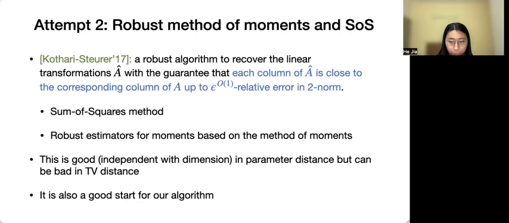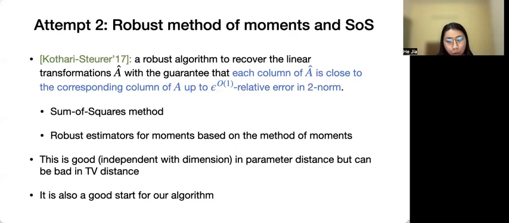They only try to recover the linear transformation A, or we can think of it as a rotation matrix. It's not exactly the same as an affine transformation, it's part of the affine transformation. And the result is that they can recover A with the guarantee that each column of A hat is close to the corresponding column of A up to a poly epsilon relative error in L2 norm.